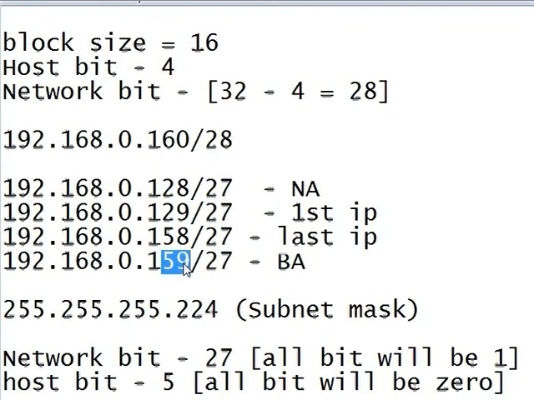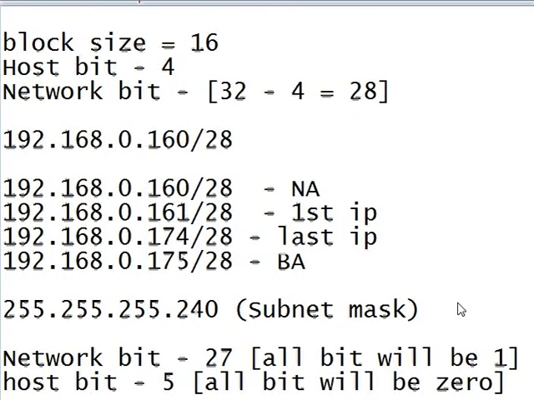So this is 175, and the last IP will be 174. So 160 is the network, 161. So this is /28, this is /28, this is /28, this is also /28, and this will be 240. So this is my calculation.